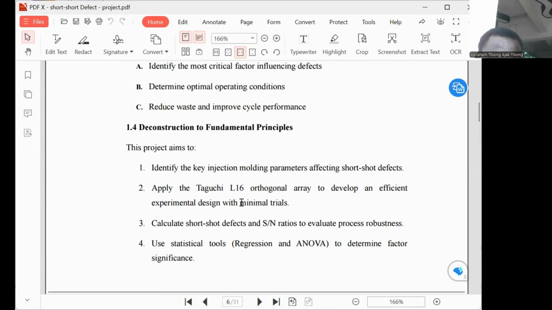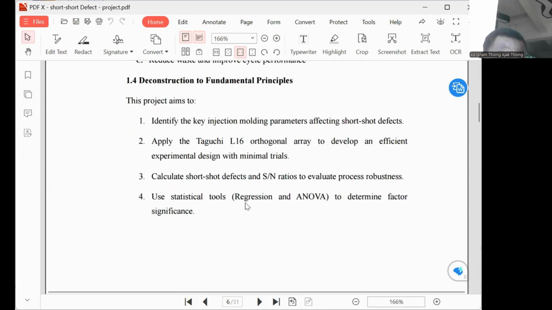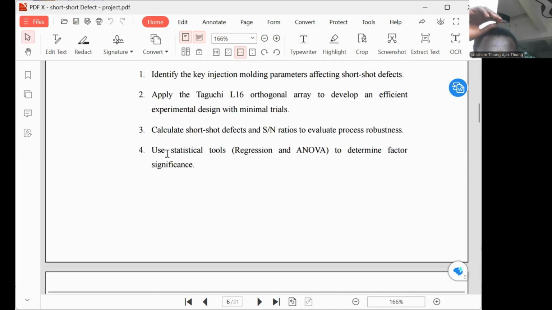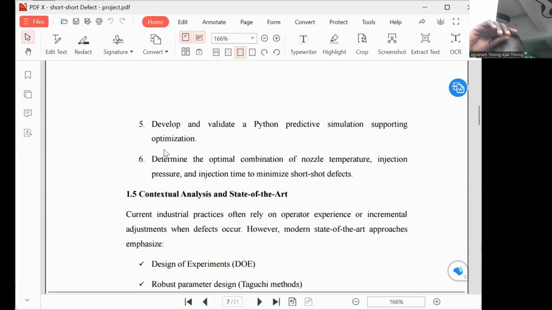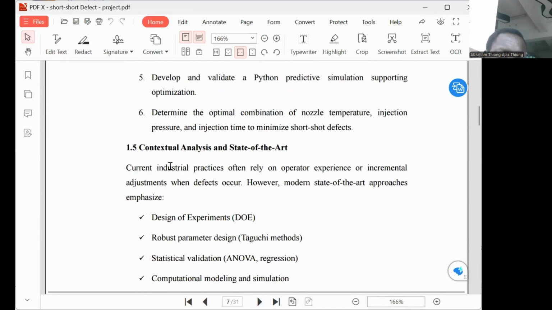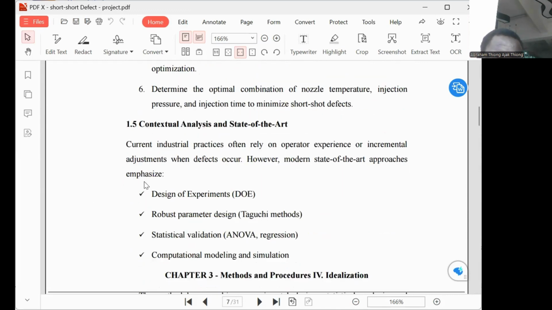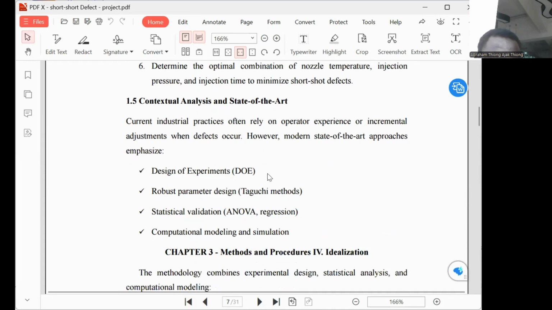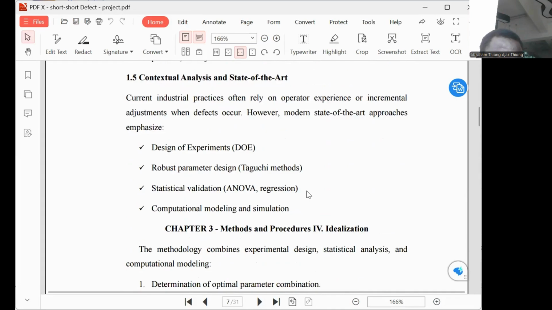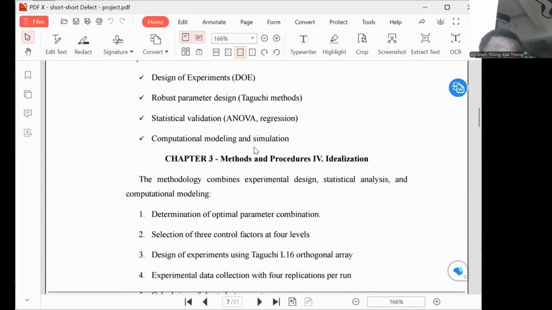In Taguchi, we use the L16 experimental design to make trials to see if there is going to be a short shot or not. In conceptual analysis and design, we have the modern state-of-the-art approach. We also have the approach where we design the experiment, robust design, and integration. We also see the ANOVA later.